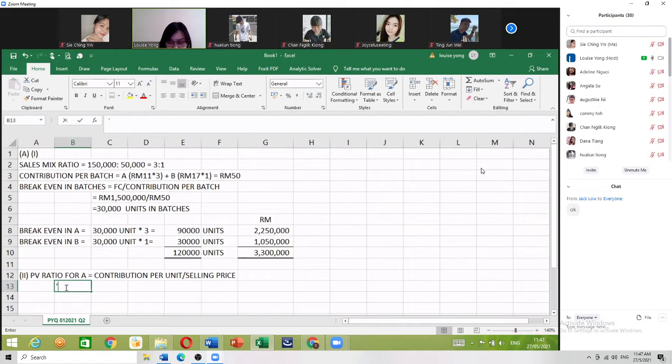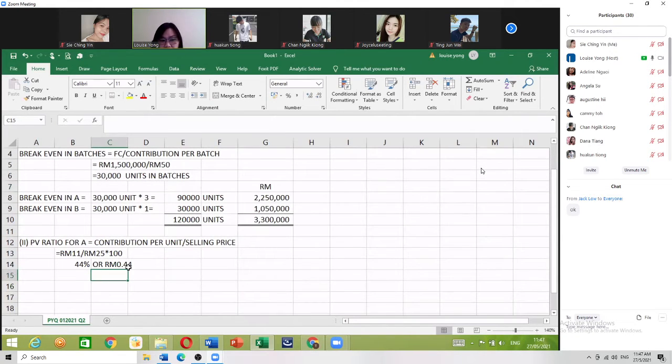What is your contribution per unit? 11 dollars, divided by the selling price of 25 dollars, then multiply by 100%. So 11 divided by 25, the answer here will be 44%, or you can say 0.44.